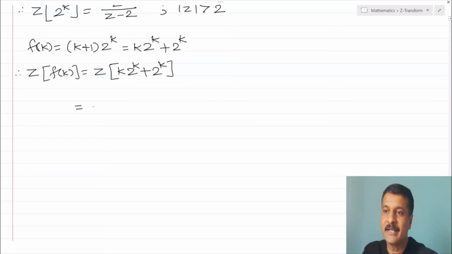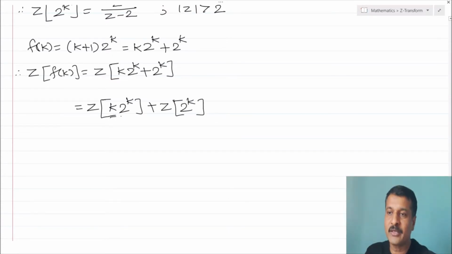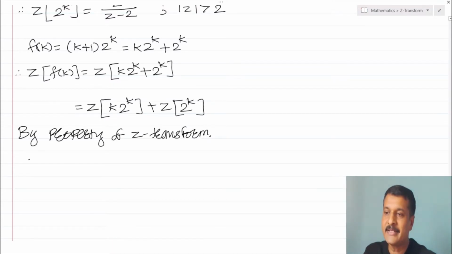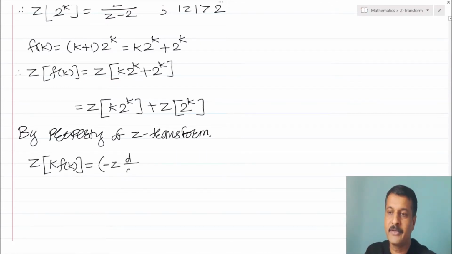By the linearity property, it is the Z transform of k into 2 raised to k plus the Z transform of 2 raised to k. And for k into f of k, by the property of Z transform, the Z transform of k into f of k is nothing but minus Z into d by dz of the Z transform of f of k.